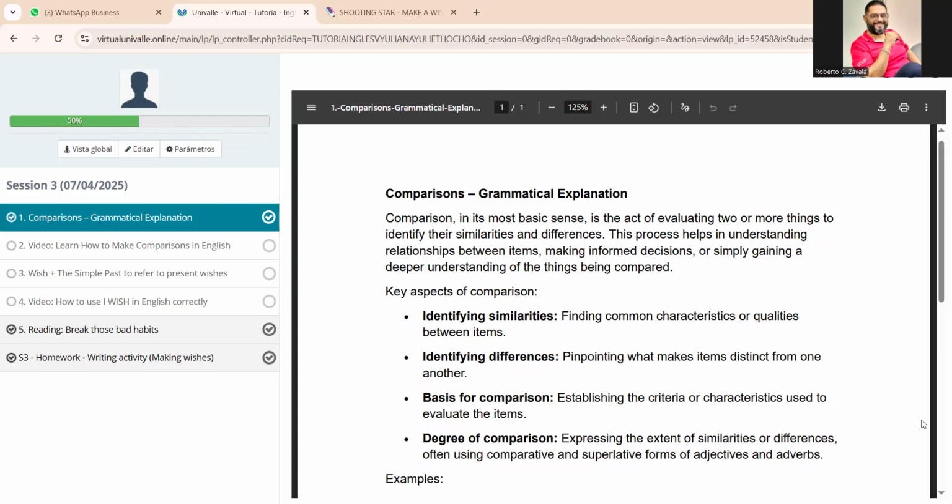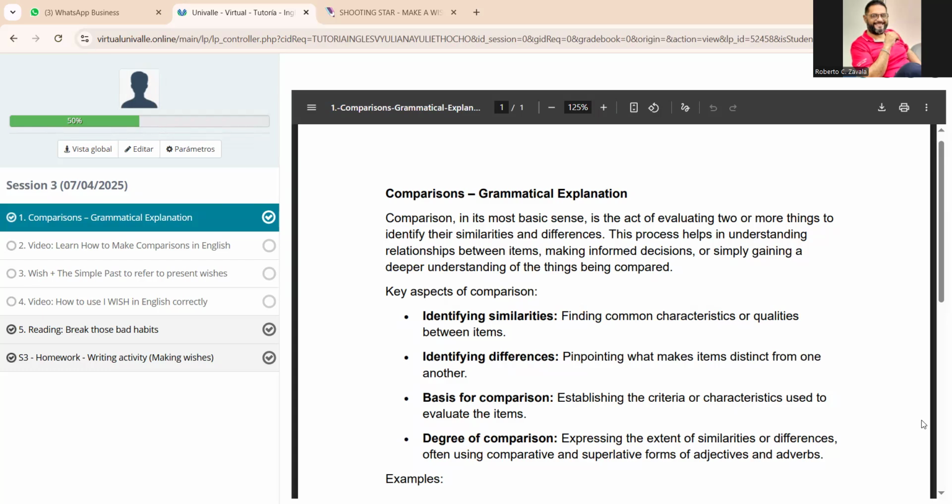Okay, welcome to our third session. In this session, we're going to look at comparisons. You're going to have a grammatical explanation. There's also a complimentary video on learning how to make comparisons in English. There's also an activity that says wish plus the simple past to refer to present wishes, the grammatical structure.